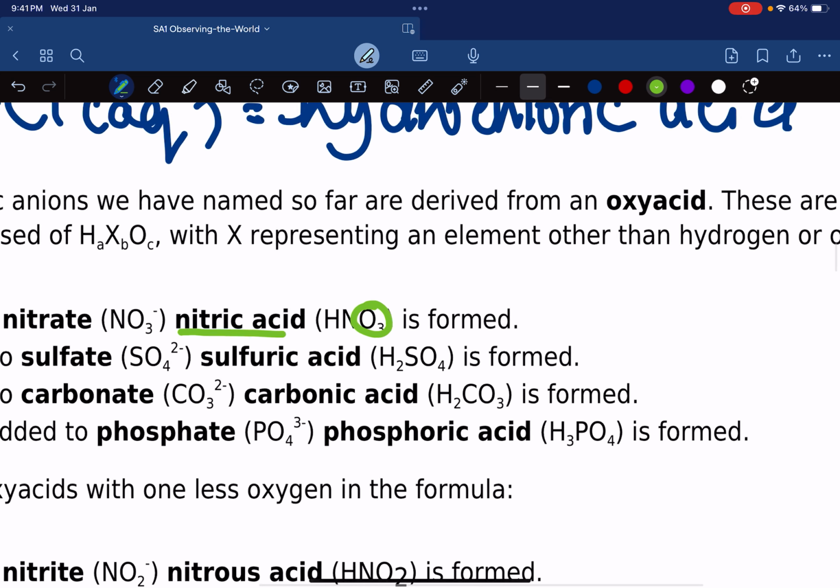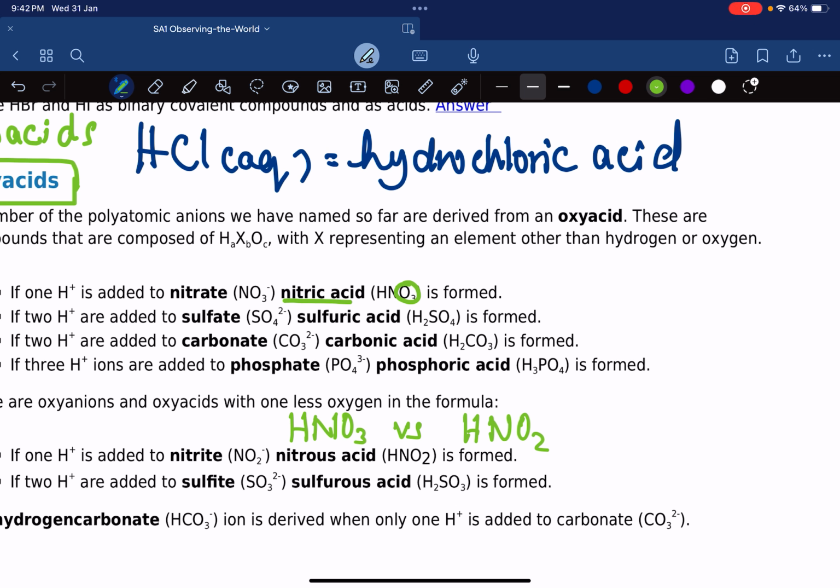These are examples. Very quickly, this was nitric acid, and then we have something called nitrous acid. Nitric acid has 3 oxygens. Nitrous acid has one oxygen less, 2 oxygens.